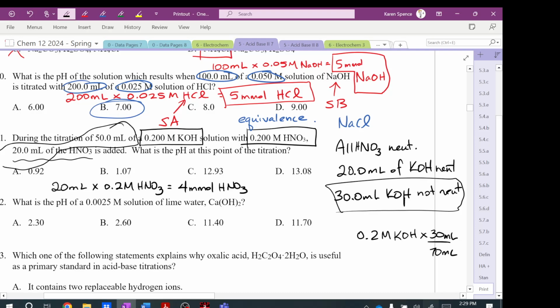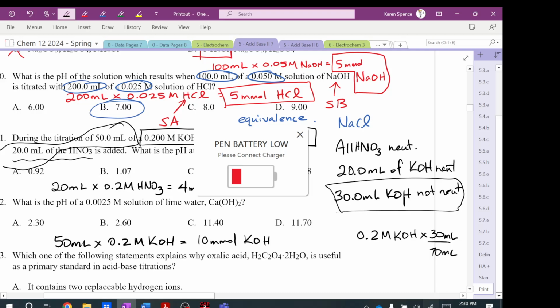I have 50 milliliters of 0.2 molar KOH, which is 10 millimoles of KOH.